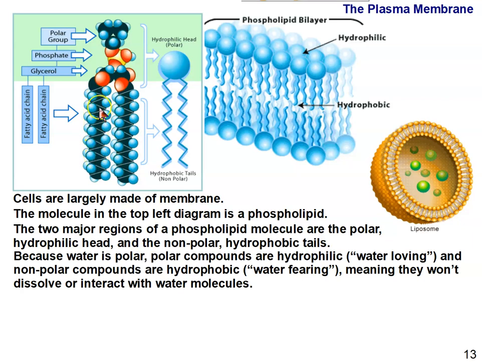If you'll recall, this is a lipid, and lipids have fatty acids, so these are fatty acid tails coming off of this phospholipid. They're all made up of carbon and hydrogen, which makes them completely nonpolar. Therefore, they don't interact well with water, which makes them hydrophobic. So the tails here are hydrophobic, water-fearing.